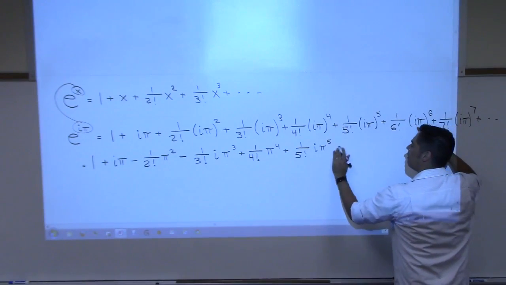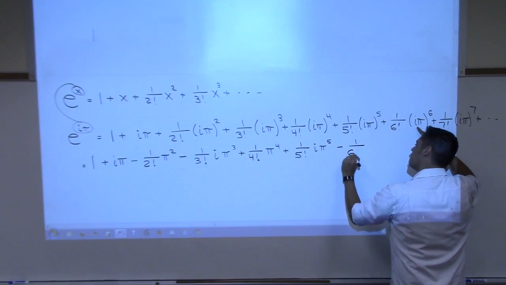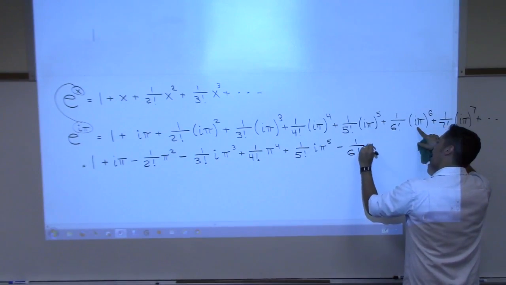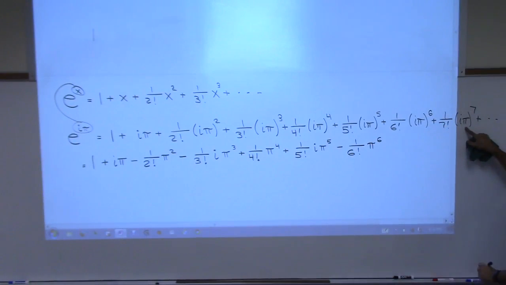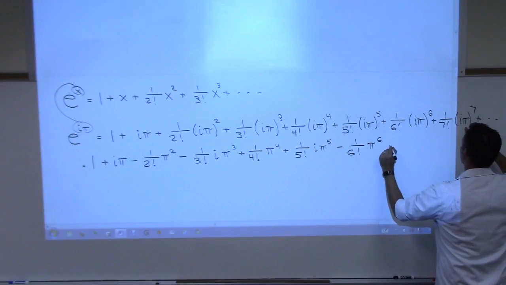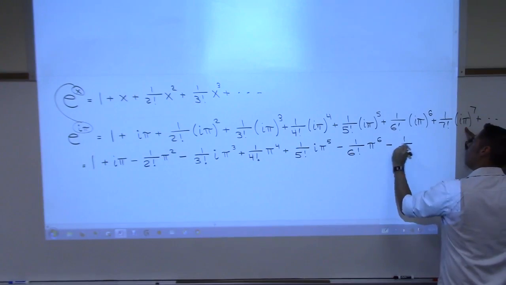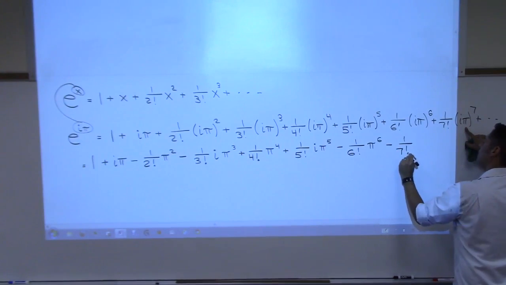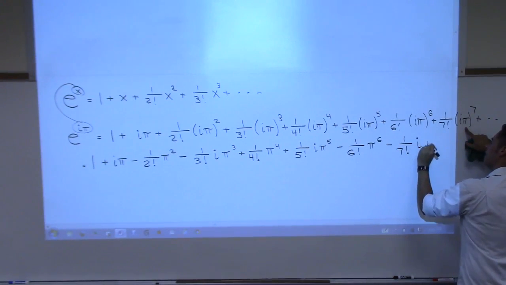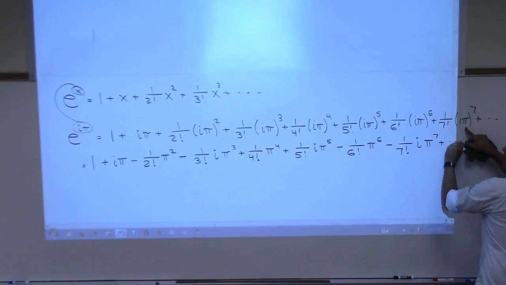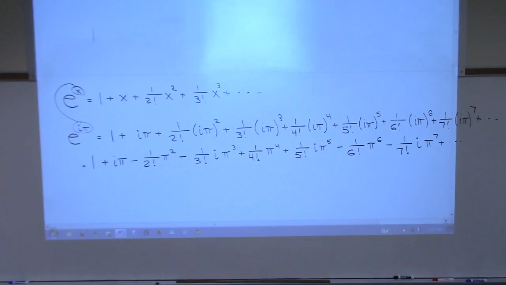So negative 1 over 6 factorial pi to the 6th, i to the 7th. Where am I at? Negative i? Yes? Negative i, so minus 1 over 7 factorial, negative i, pi to the 7th, plus dot, dot, dot. I know that looks like a disaster.